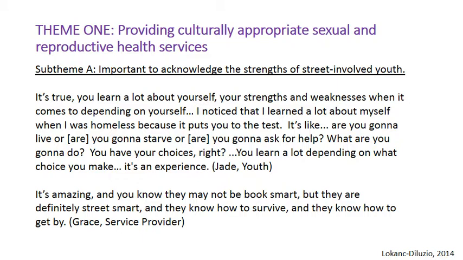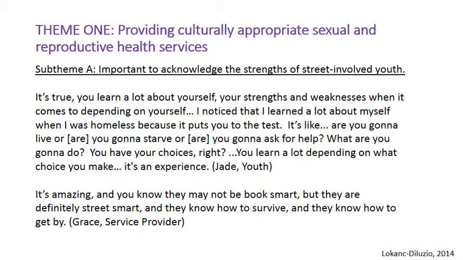So sub-theme A, which is the importance of acknowledging the strengths of street-involved youth. What came out in terms of this sub-theme was, in order to provide culturally sensitive sexual and reproductive health services, providers should recognize the strengths of street-involved youth.